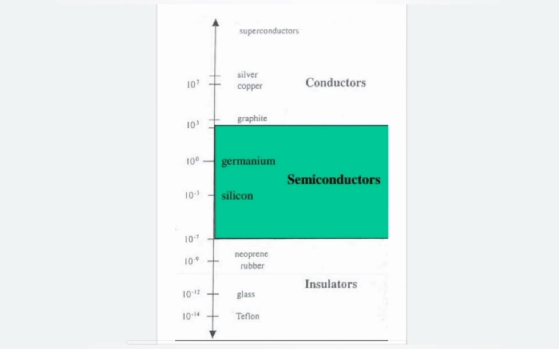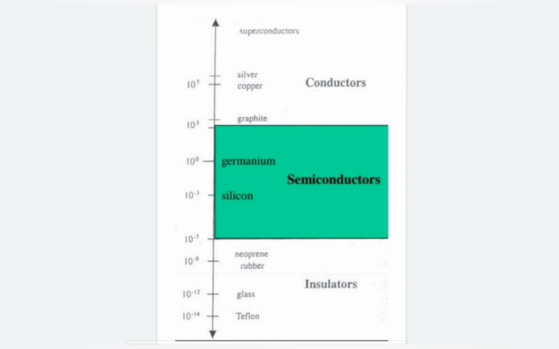Whereas materials whose conductivity sigma is very low, below 10 power minus 7, such as glass and Teflon, are insulators. And the conductivity in a moderate range, in between conductors and insulators, belongs to semiconductors. Hence, based on conductivity, we can classify materials as conductors, semiconductors and insulators.